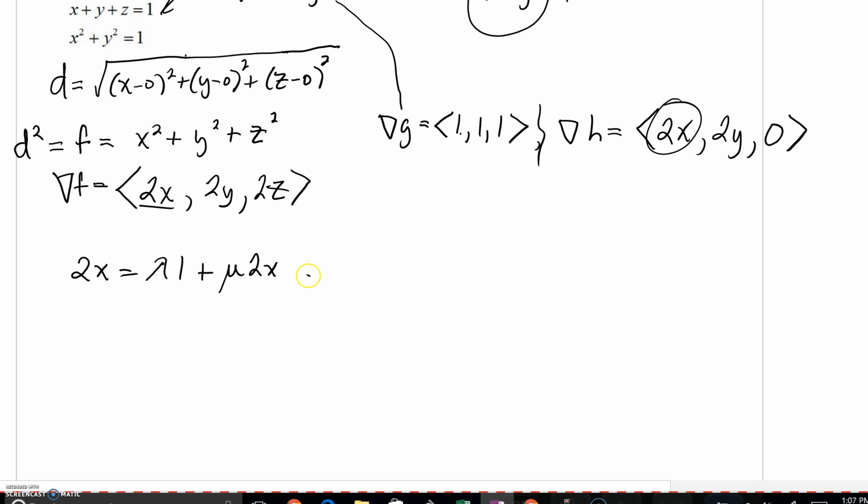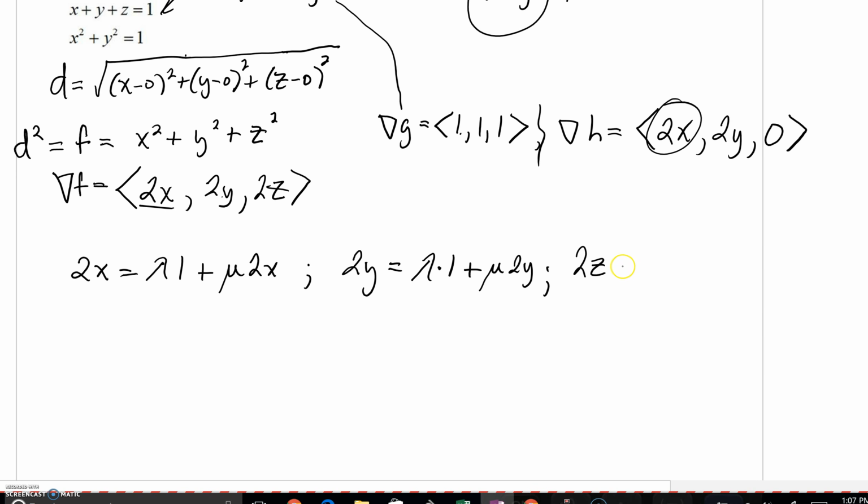And then I'm going to say, well, hold on. We also have, for our y component, I'll have 2y. Well, that's going to be lambda times 1 again. Wow, that's seeming very familiar. Plus a mu times a 2y. And then finally, we'll have a 2z.